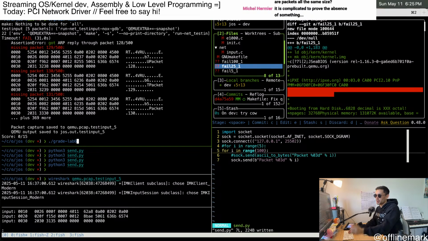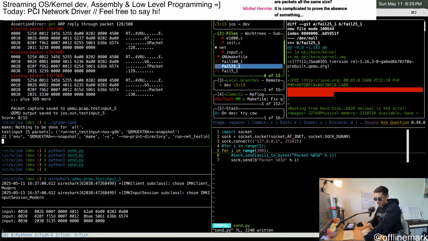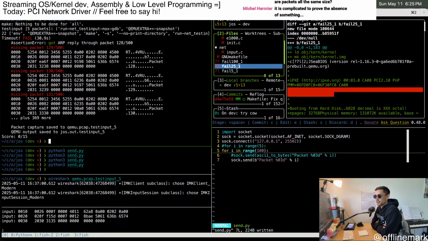That would indicate that there is a problem with the wraparound of the ring buffer, which would be bad. It failed at exactly the same spot.